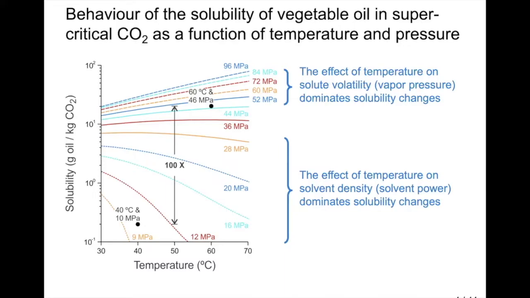It is impossible to obtain similar changes in solubility with conventional liquid solvents without an energy-intensive phase change.